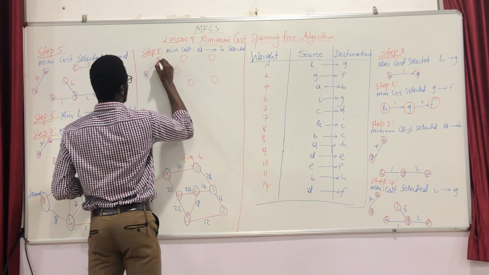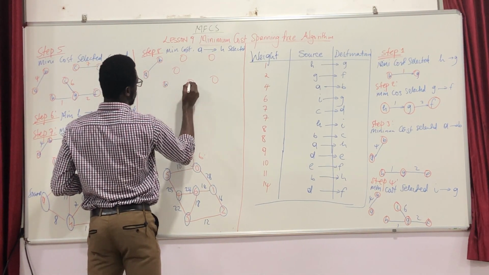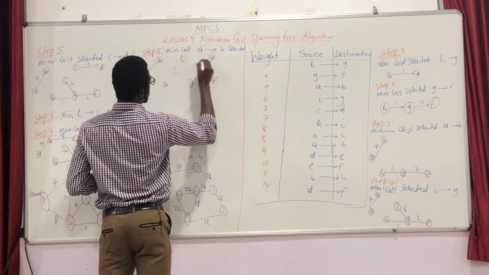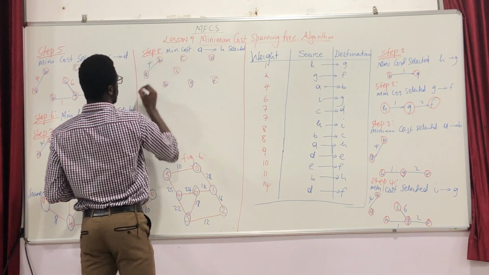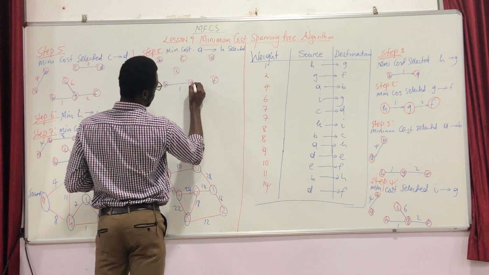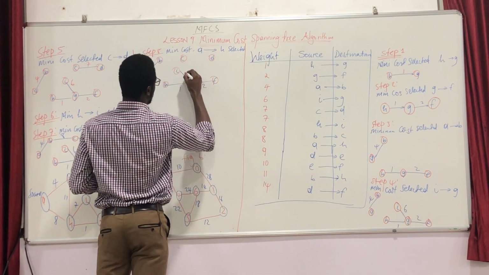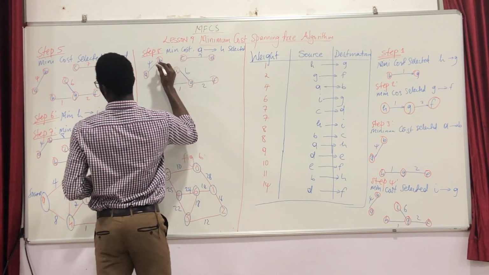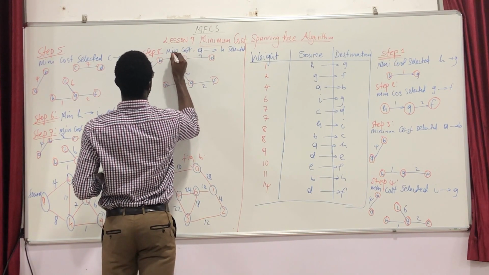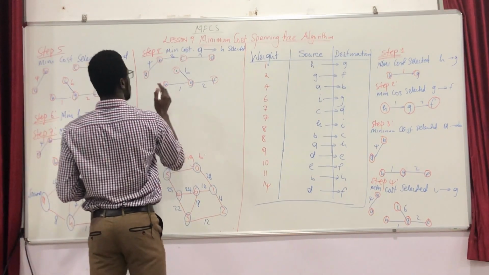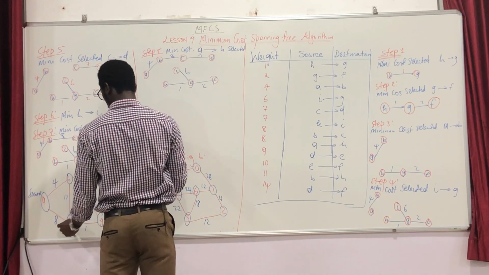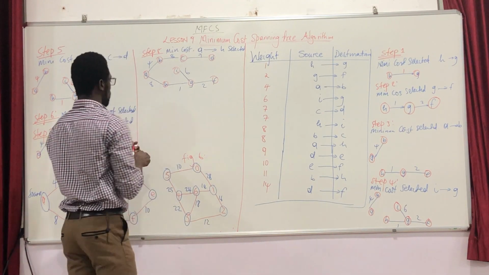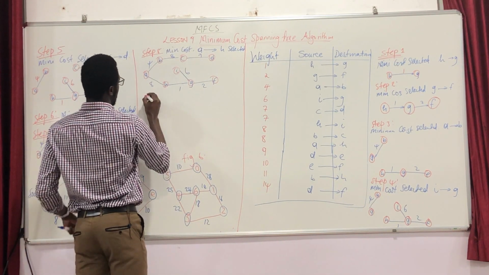This is A, this is B, H, G, F, C, D, and I. So this is 4, this is 1, this is 2, this is 6, this one here is 7, and this is 8. Then A to H selected, A to H, which is 8. Step 8. Then step 9.